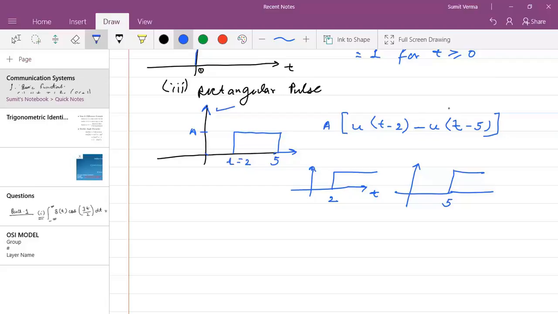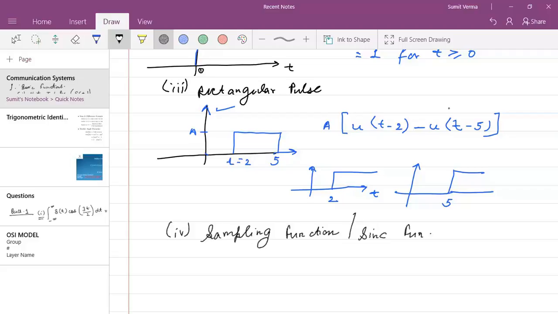Let's move to the next function, which is very frequently used in communications, and we'll be calling it the sampling function. Similar to the sampling function, there is another definition we will also take, which we will call the sinc function.